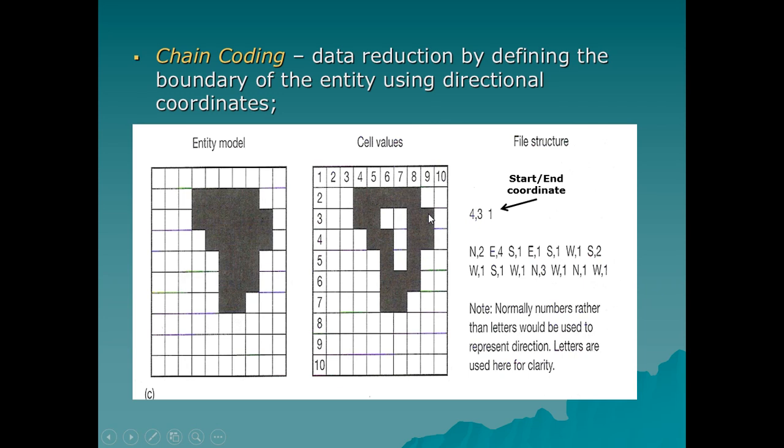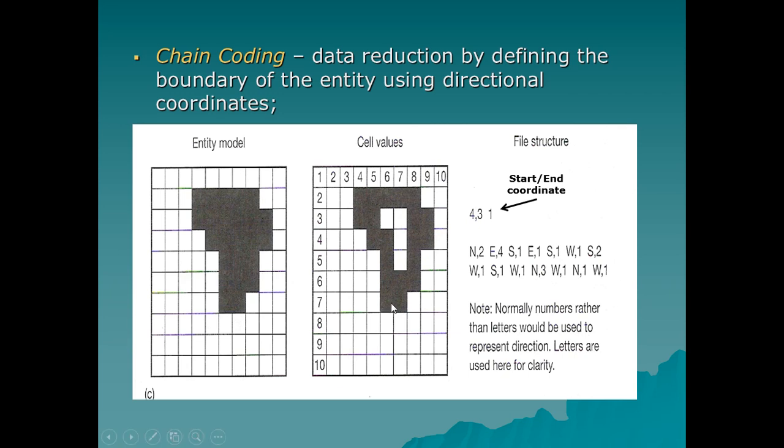I beg your pardon, I made a mistake. So as we go from 4 east, it's 1 south, 1 east, 1 south, 1 west, 2 south, 1, 2, 1 west, 1 south, 1 west.